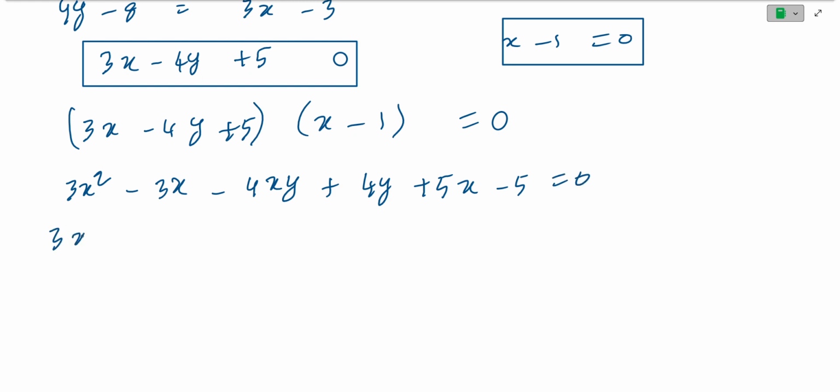If I rewrite this equation, it will be 3x² − 4xy − 3x + 5x, that is plus 2x, plus 4y, and the constant term minus 5.